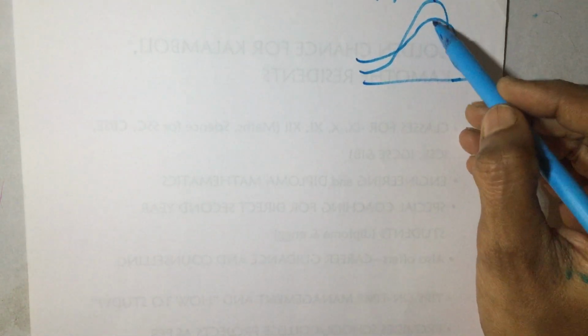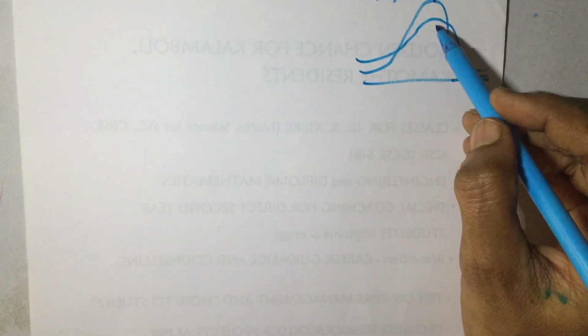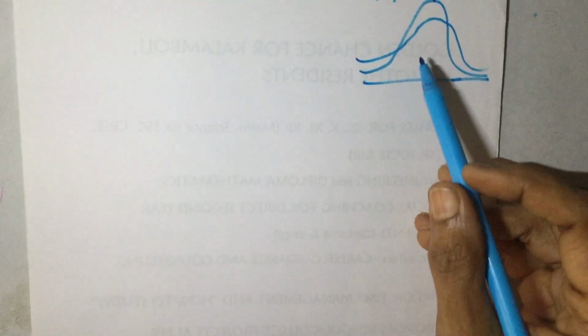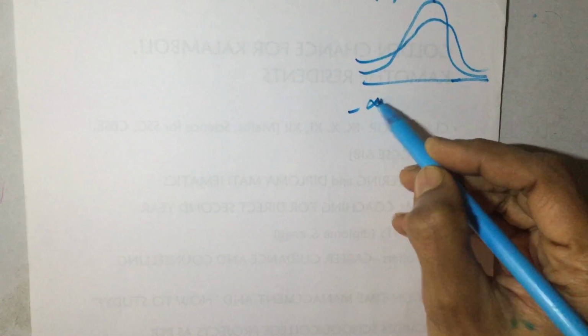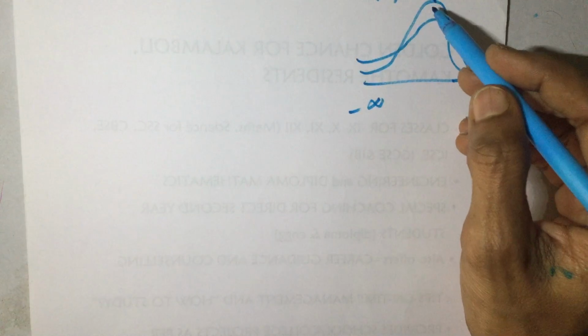Both means are 0, but the standard deviation or variance of the standard normal curve is 1, while the variance of this T curve is not 1. Both curves extend from minus infinity to plus infinity. Like the normal distribution, this is also symmetrical to both sides and has mean 0.